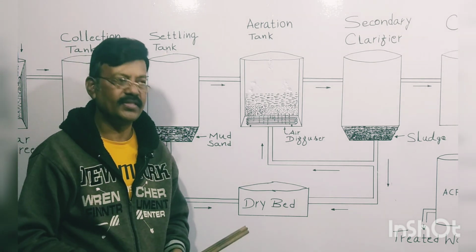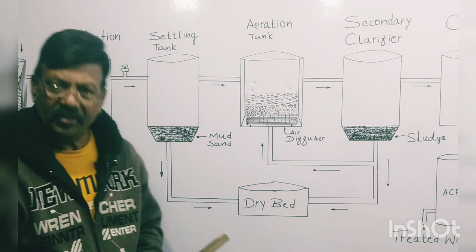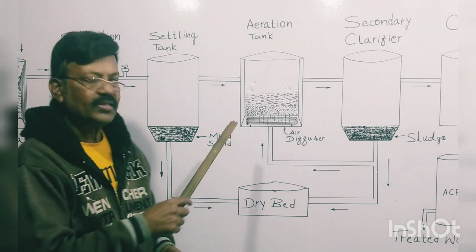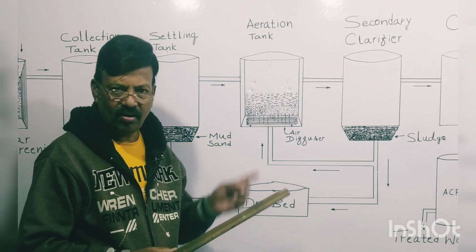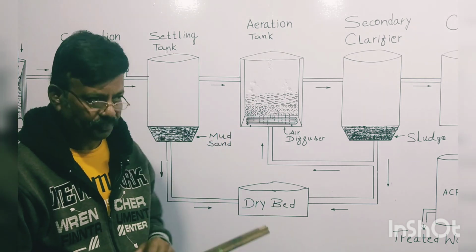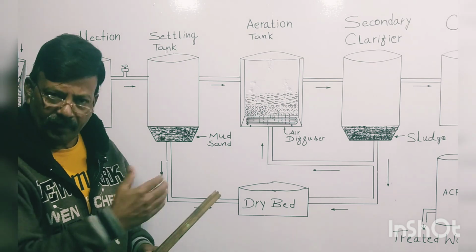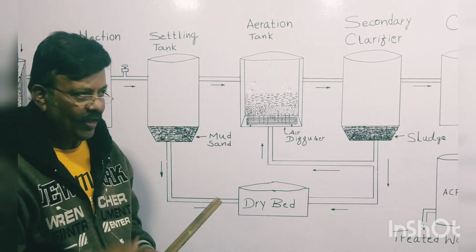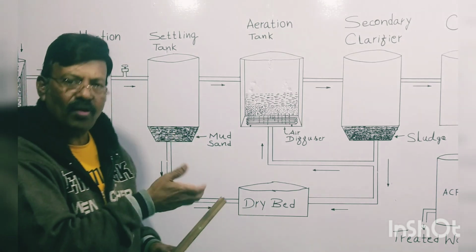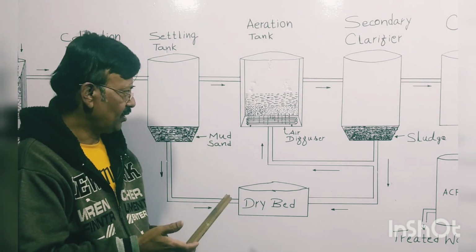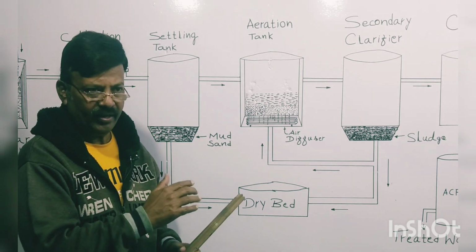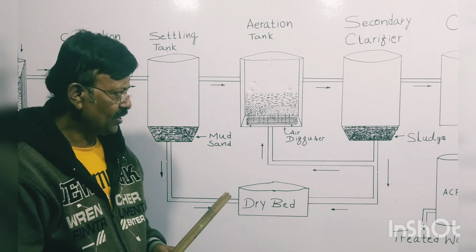Now what happens? Inevitably, these newly born bacteria start eating the organic matter which is present in the wastewater. Day by day, as bacteria grow up, they keep on consuming organic matter present in the wastewater in a significant amount.